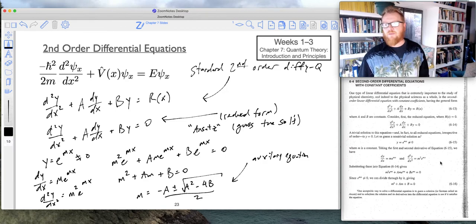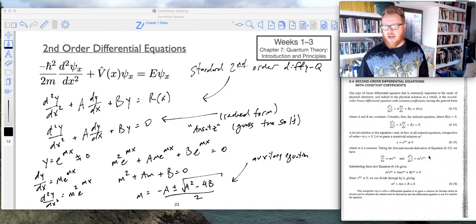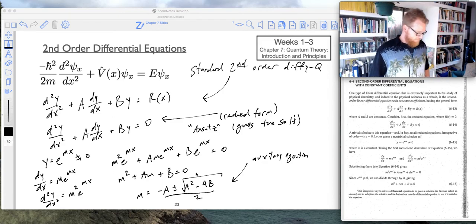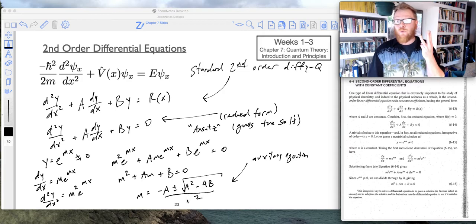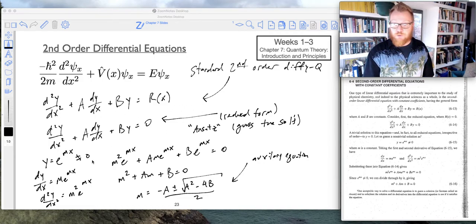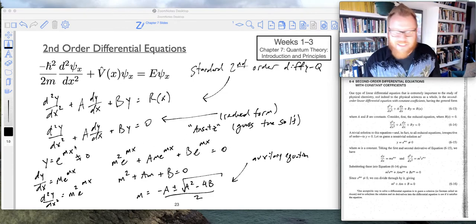Okay, so now we have a few things to consider. Let me leave this up to remind you of the process we just did. When we go to solve for m, we're going to have three possible outcomes. So keep track of this. We started with a second order differential equation that we put in the standard reduced form. For all standard second order differential equations, we guess ansatz, and the guess we use is y equals e to the mx.